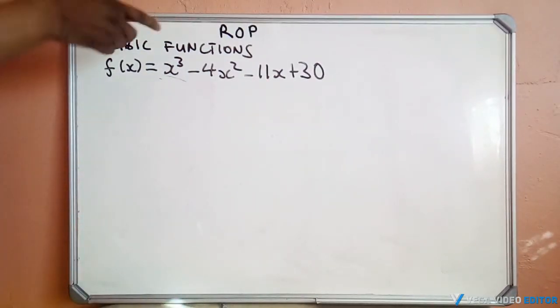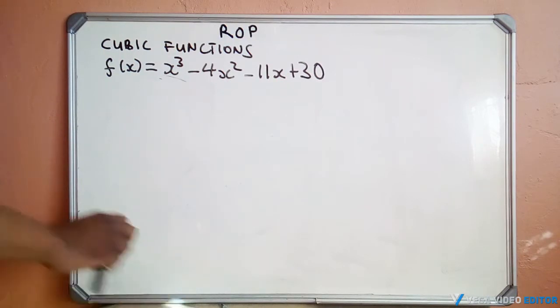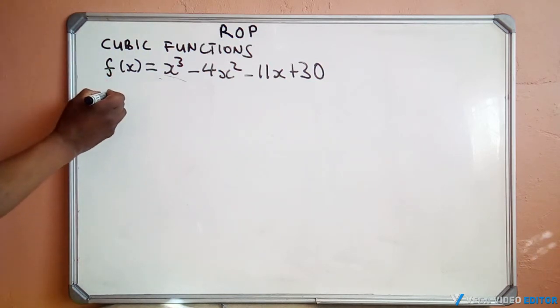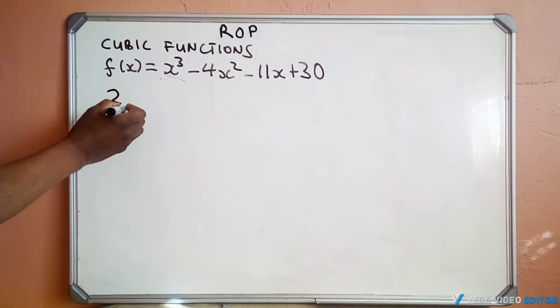Now, for us to factorize, we're going to use what is known as synthetic division. In our synthetic division, we've got 2 as the factor that we have chosen.